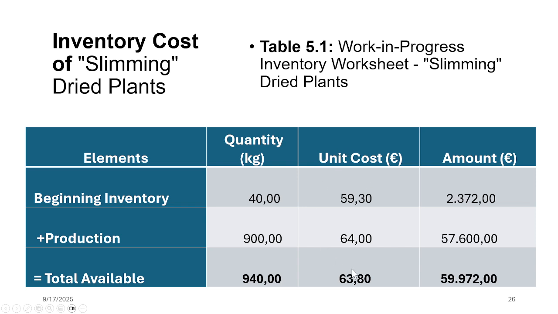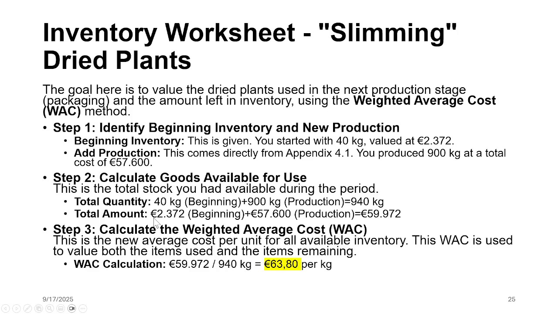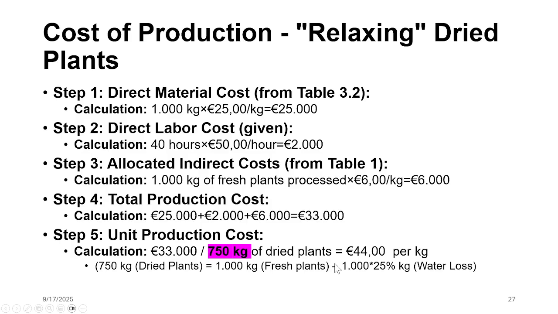In order to calculate the cost of inventory available, we use the amount divided by the quantity, which is 60.80 euro per kilogram. This is the new average cost per unit for all available inventory. This cost per unit will help you in the next step, right?